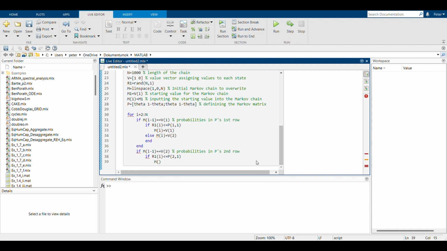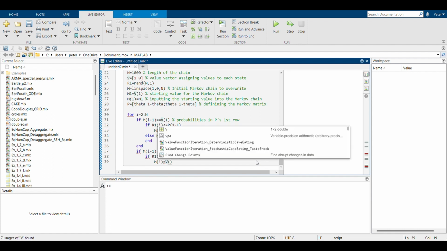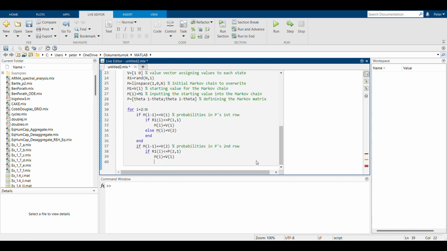So if this random number is lower than or equal to the probability P21 in the second row, then Mi is 1, else the next value in the Markov chain is 0.